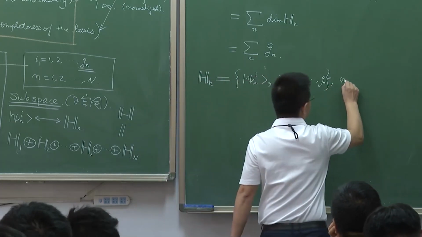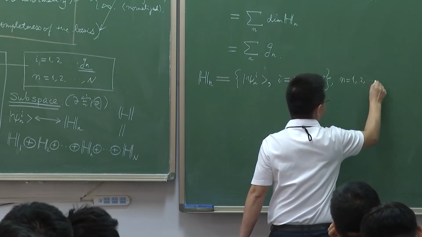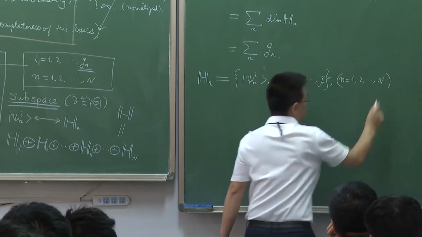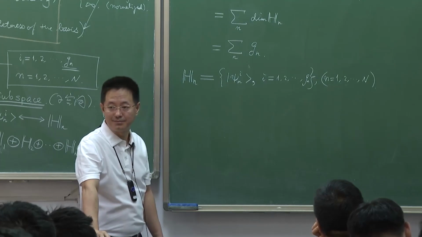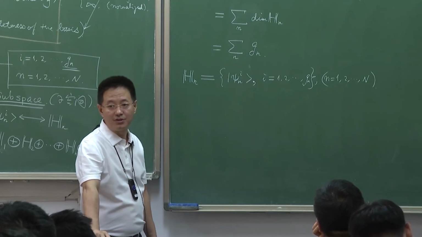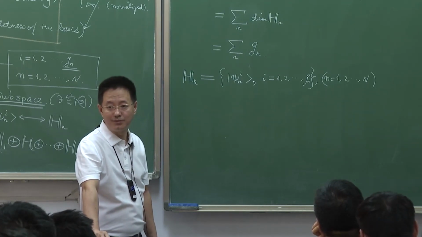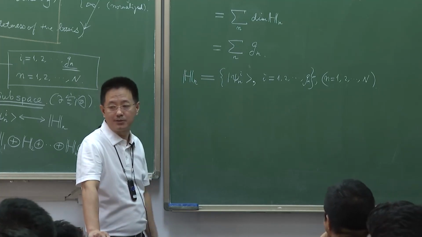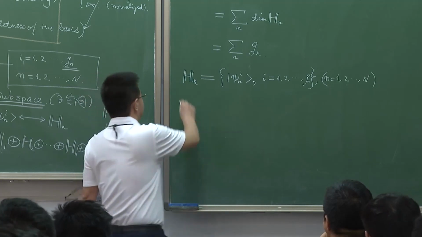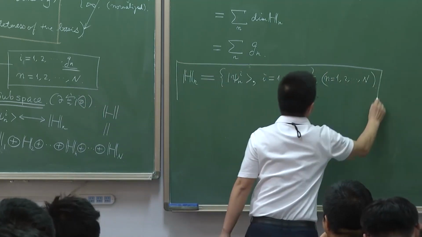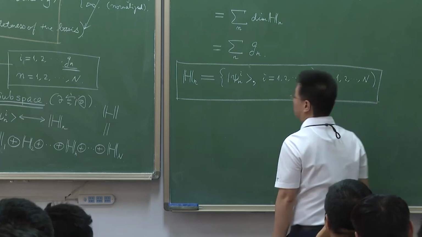And n is equal to 1, 2, up to capital N. The capital N is the total number of eigenvalues, right? And Gn is the total number of eigenstates corresponding to the nth eigenvalue. Okay? So this is a very important result that you can derive here.